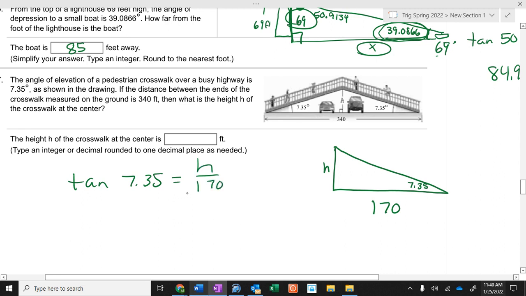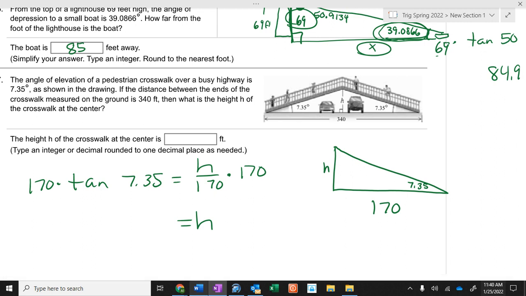How do we get h alone? Multiply by 170. So h equals, what's 170 times the tangent of 7.35? 170 times the tangent of 7.35.